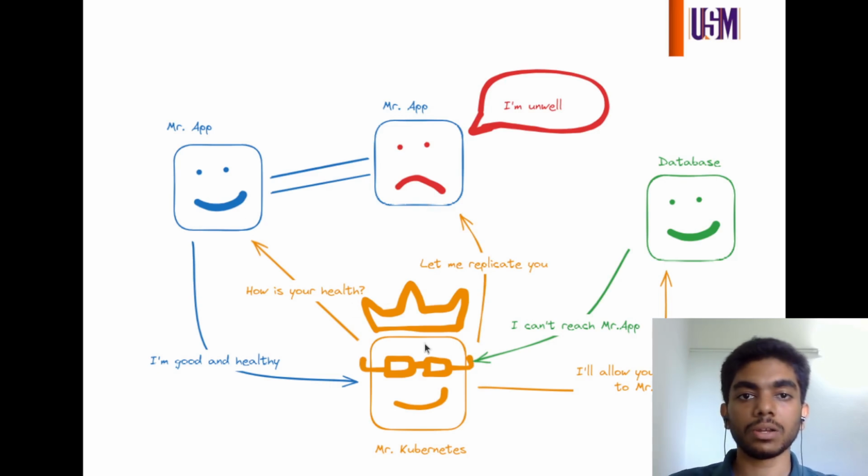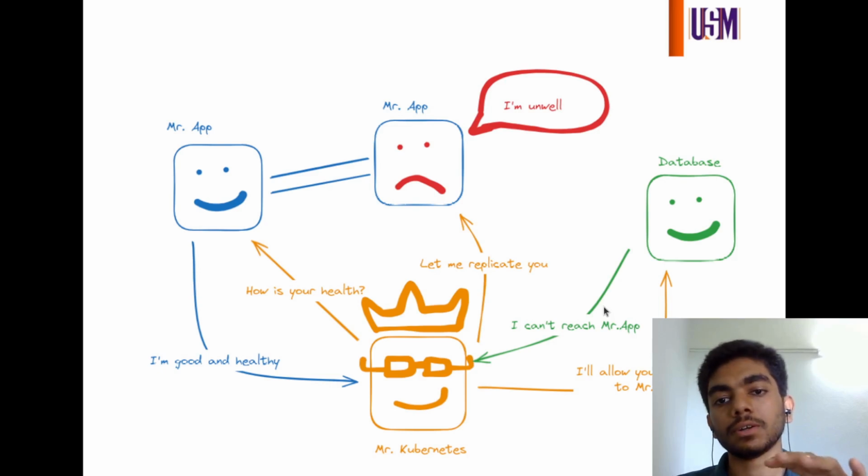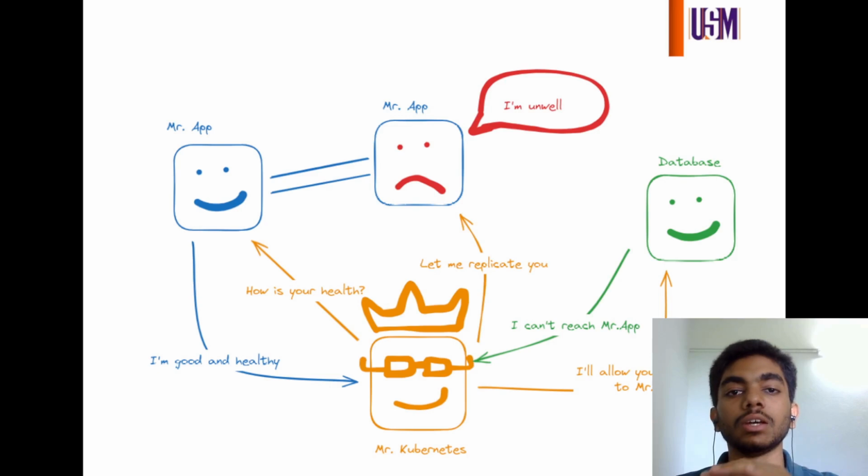This is all automated and specified in the deployment file. And in Kubernetes, you can also create services and create networks such that different containers in different pods can talk to each other.